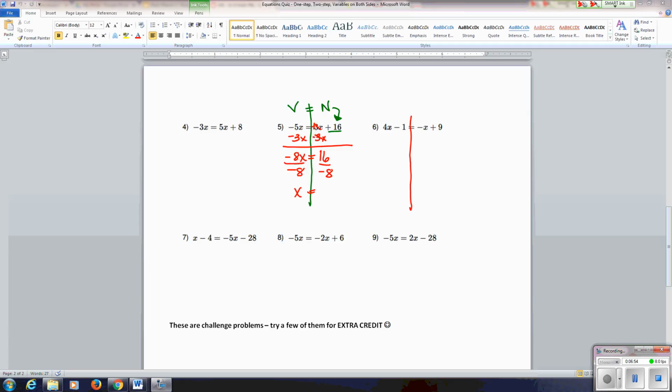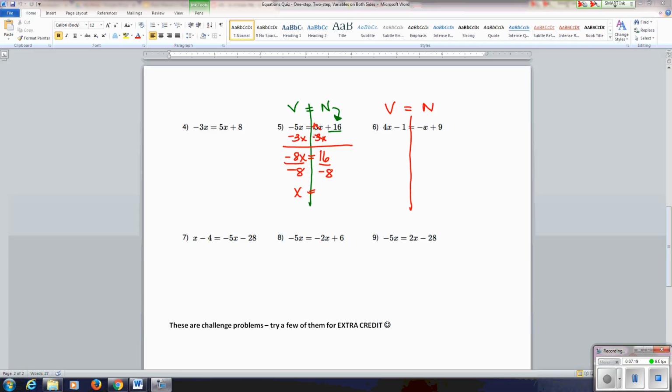I have 4x, so I have a variable and a number. I have a 4x and a negative 1 and a negative x and a positive 9. So I'm subtracting an x, I'm adding a 9, I'm adding a 4x on this side and subtracting a 1. So I have a variable and a number on both sides. So I'm going to go ahead and just call this my variable side and this my number side.